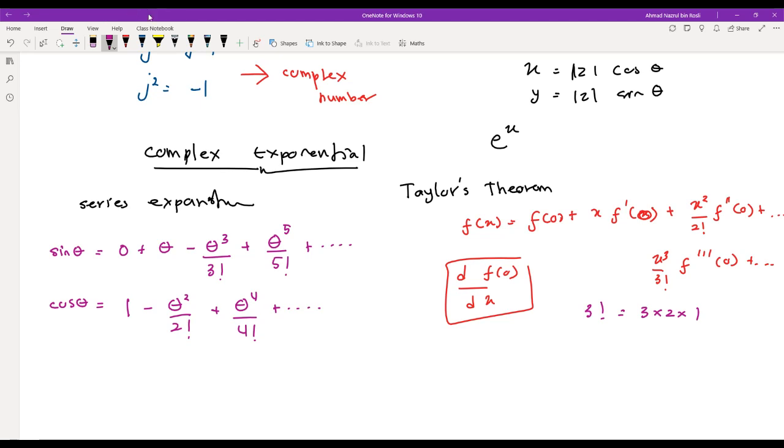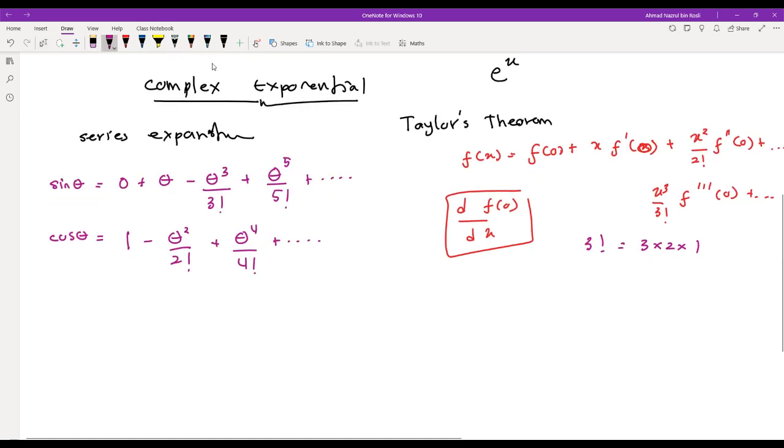And since we know that x is r cos theta, y is r sin theta, so we know that z is equal to x plus jy. So we can combine both equations, because this is cos theta plus j sin theta.